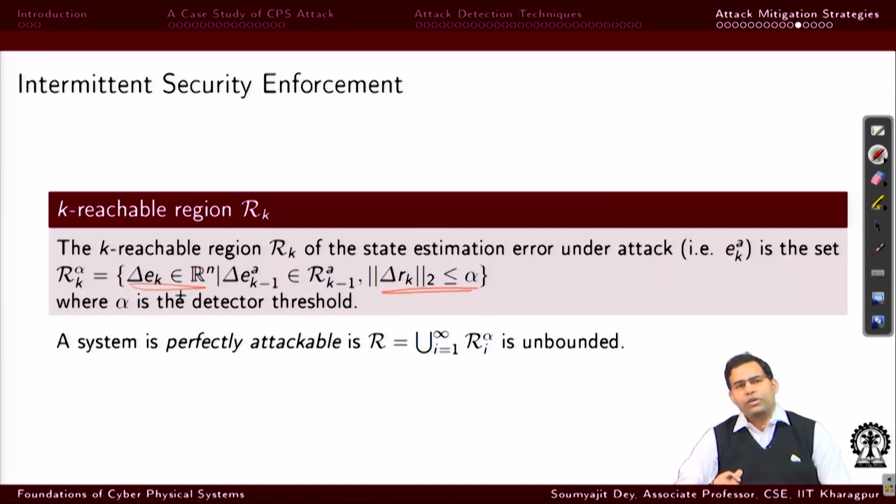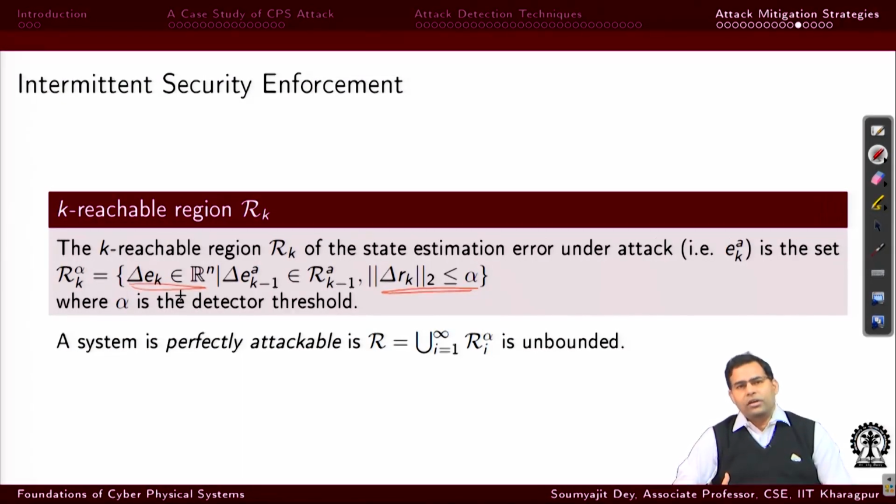So, as long as this region is within my detector threshold, maybe I am okay, and as long as this reachable region does not lead to any violation of the safety boundaries of the system, I would be okay, right. And as you can see, if I increase the value of this horizon length up to which I am not giving any kind of security enforcement, this error value is increasing, right.